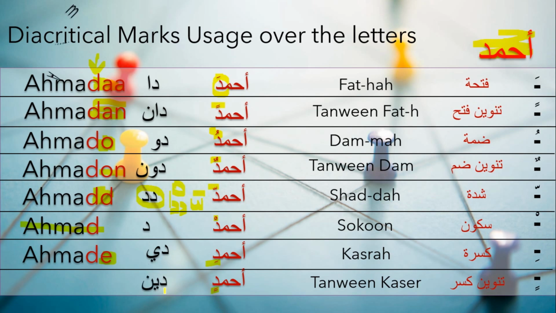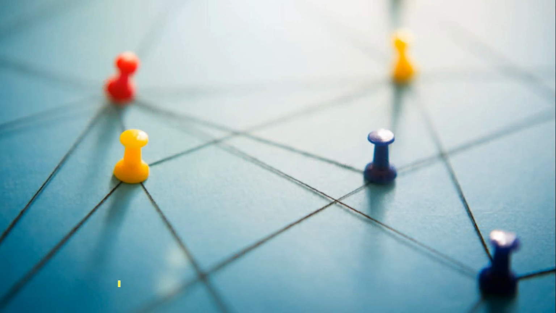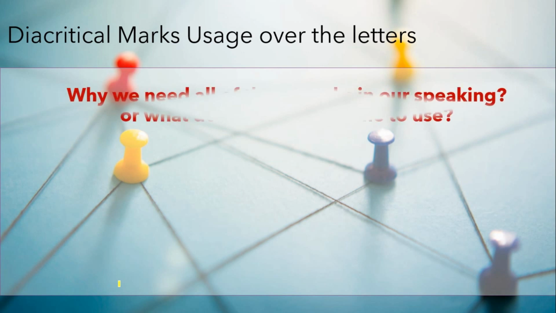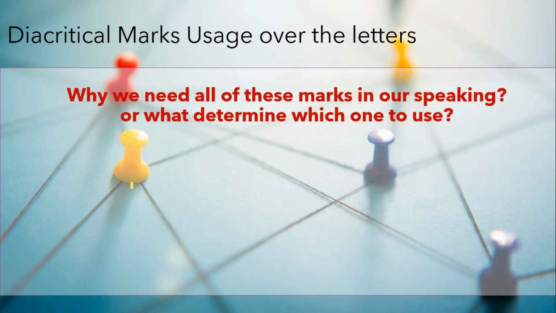Now let's go to the next slide to ask some important questions. Why do we need all of these marks in our speaking, or what determines which one to use on this letter and which one not to use? Well, these marks sometimes change the meaning of the word, as we just explained earlier.